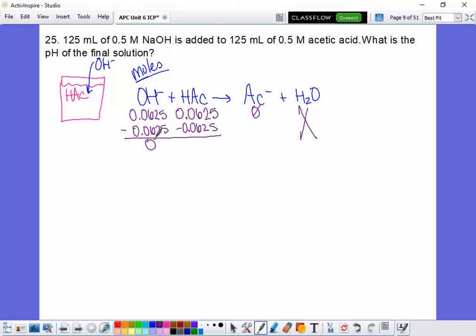And we're going to have 0 of both of those, and we're going to add that same amount to the right. At what point of a titration do you have exactly the same amounts of your acid and your base? At the equivalence point. So this occurs at the equivalence point.